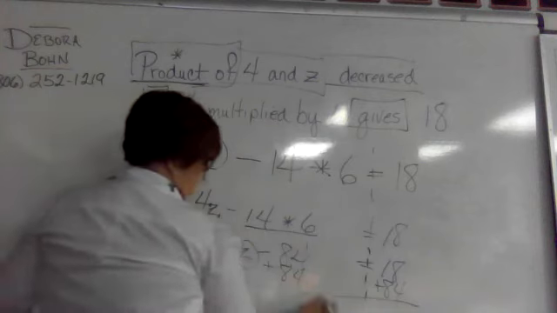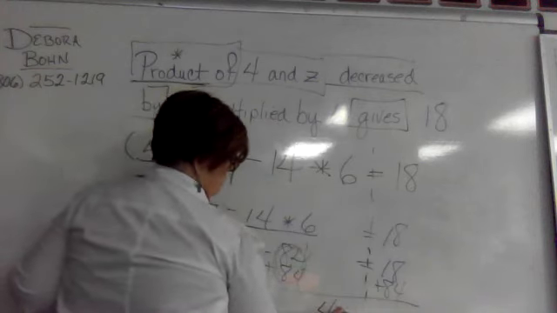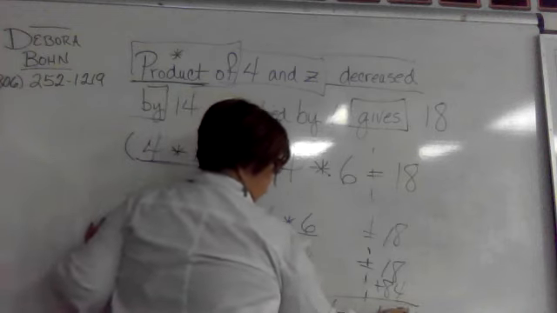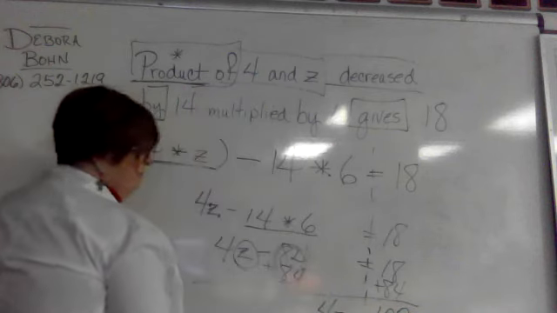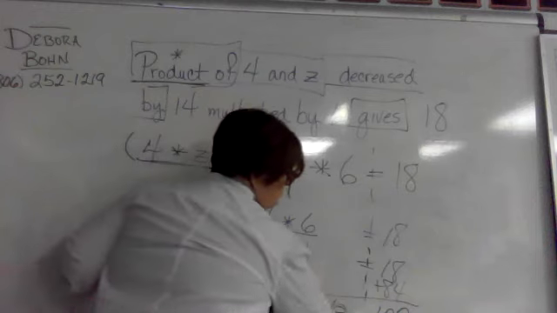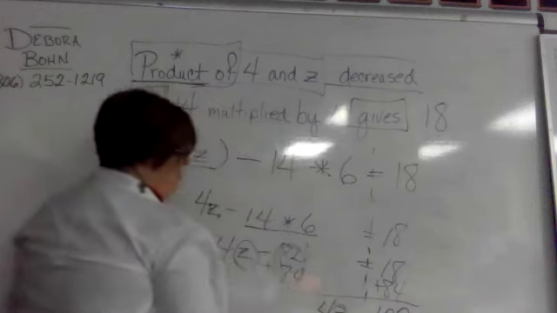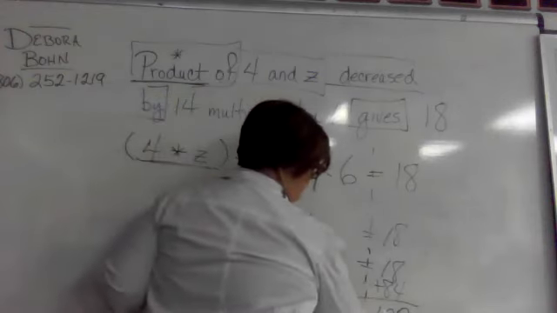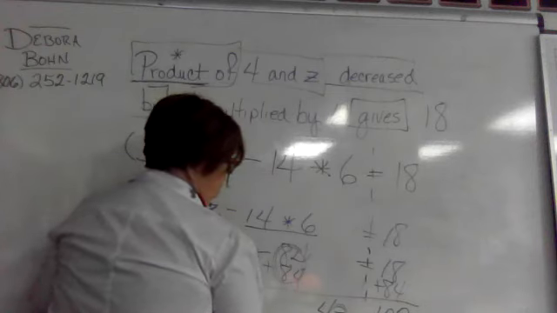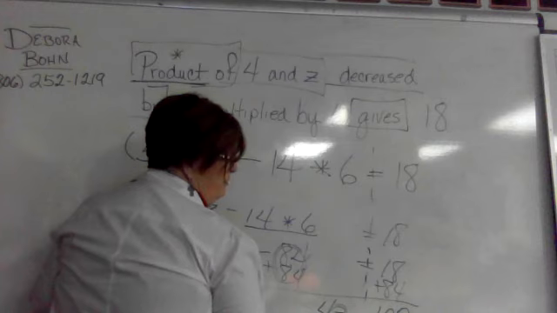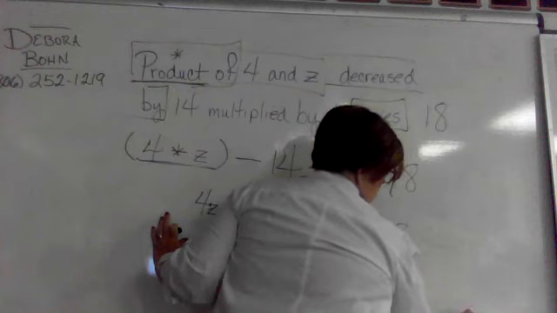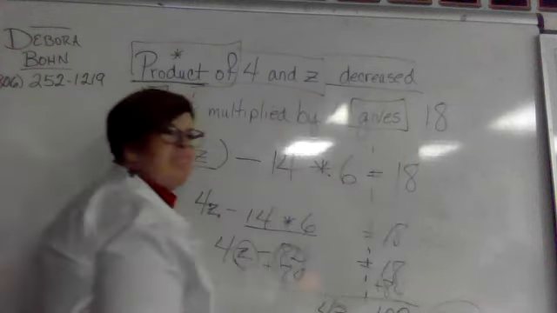That one zeroes out. 4Z equals 1, 2. And then you're going to divide by 4. Z equals, I think it's going to come out a fraction, probably. If I divided 4 into there, 25.5.